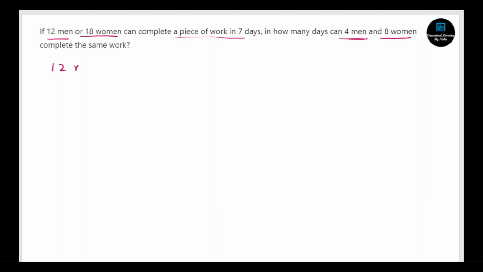So let's understand this. 12 men equals 18 women, right? So therefore 4 men equals what? 18 upon 12 into 4. So what do I get? 4 men equals 6 women, right?